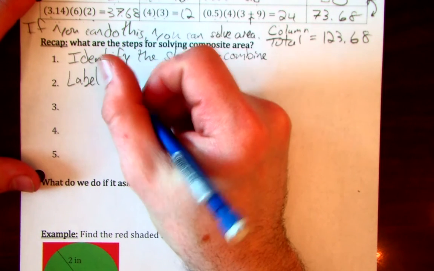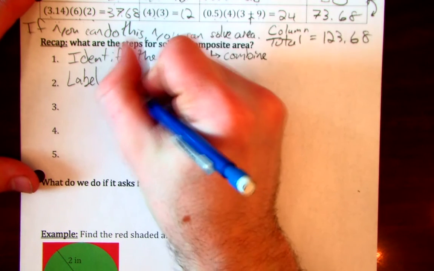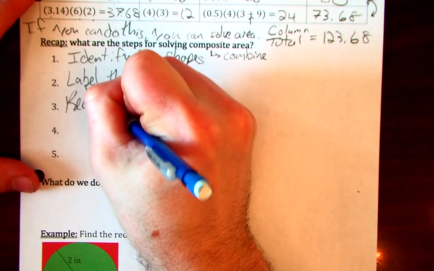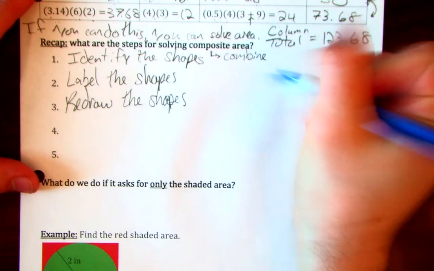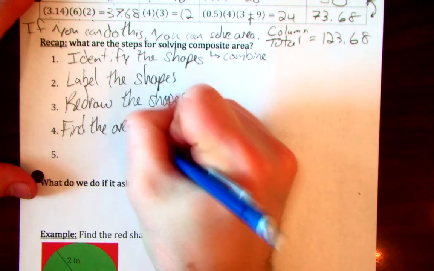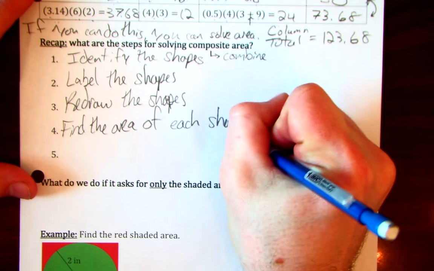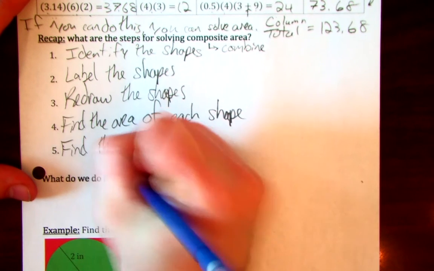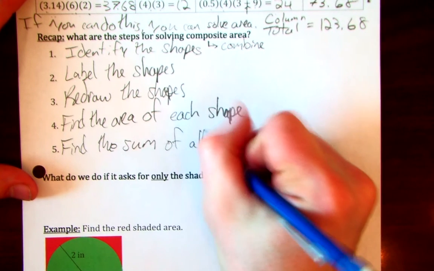Then redraw the shapes, find the area of each shape, and then lastly find the sum. And when you're finding the sum, you're adding them together, of all the shapes.